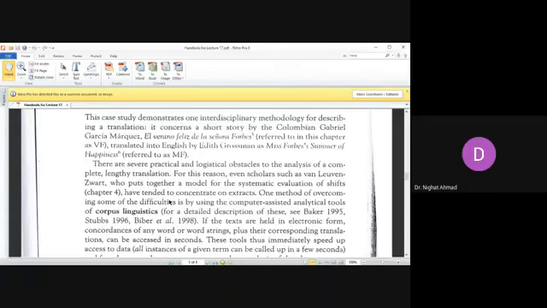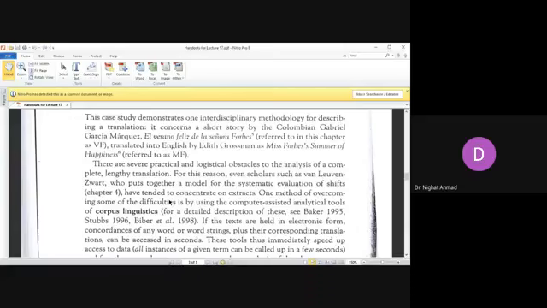So for this reason, even scholars such as Van Leeuwen, who put together a model for systematic evaluation of shifts, have tended to concentrate on abstract samples. One method of overcoming some of the difficulties is using the computer-assisted analytical tool of corpus linguistics for the analysis of the text. If the texts are held in electronic form, concordance of any word or word strings plus their corresponding translation can be retrieved.